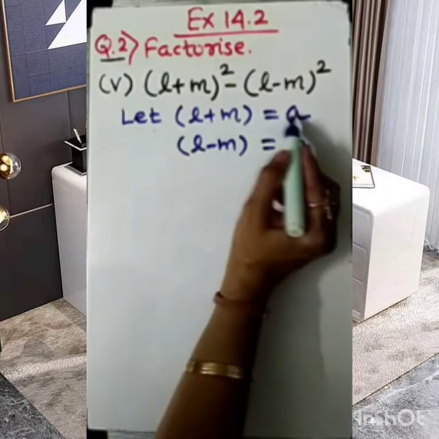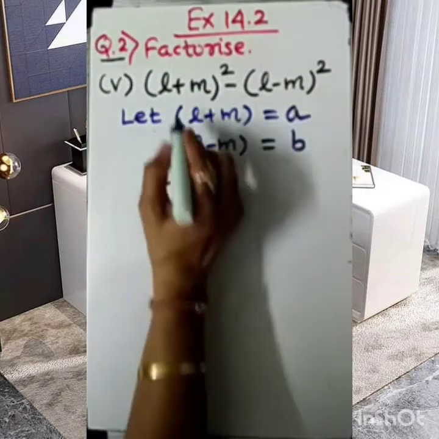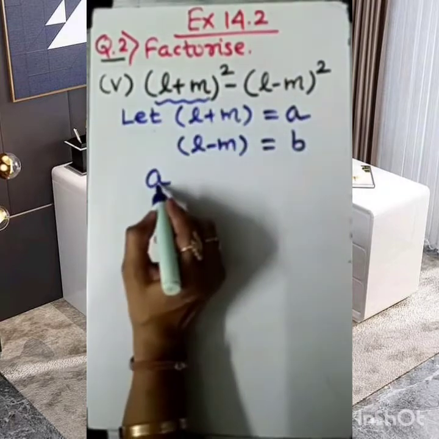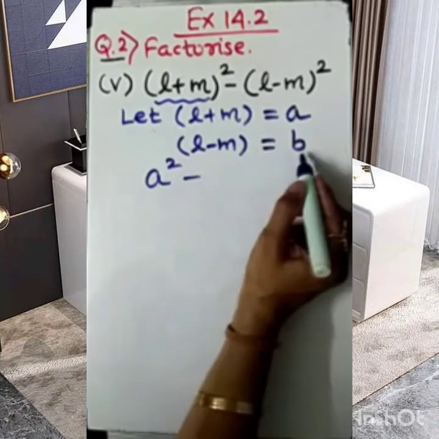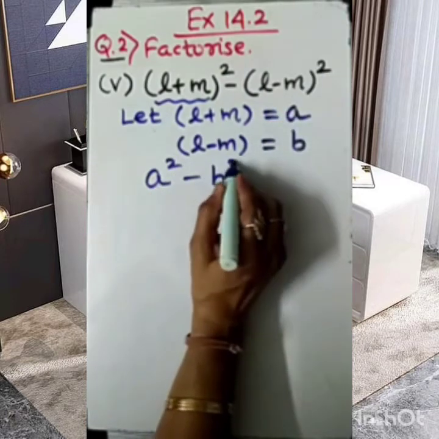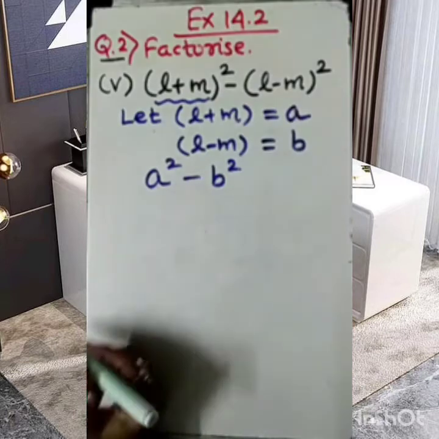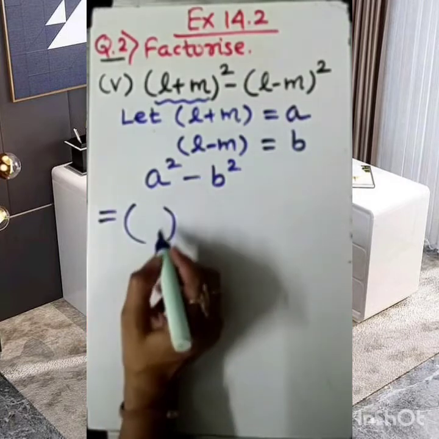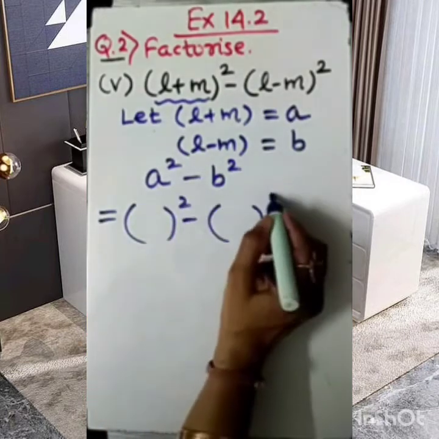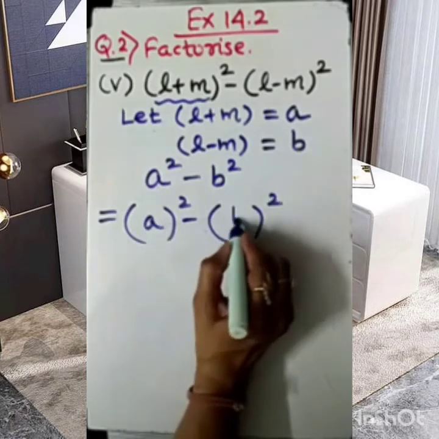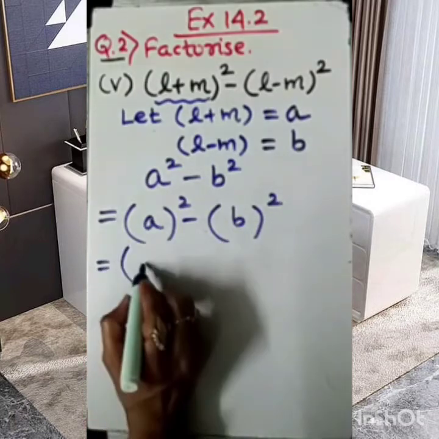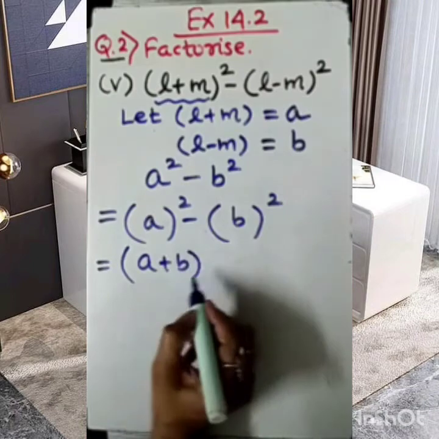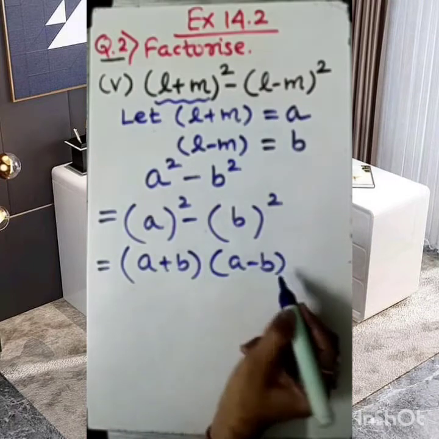If this is A, then in place of L plus M I am writing A, so it is A square, and this side it is minus B square. Now we compare with the third identity, A whole square minus B whole square. So as usual, you know dear student, I need to mention A plus B and A minus B.